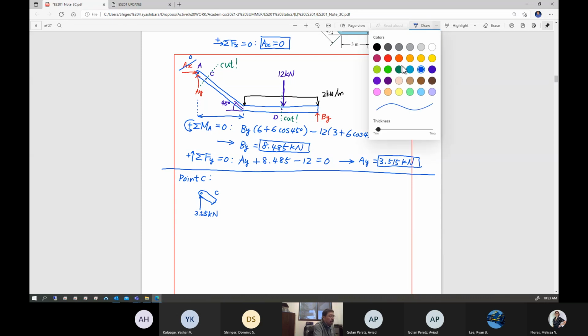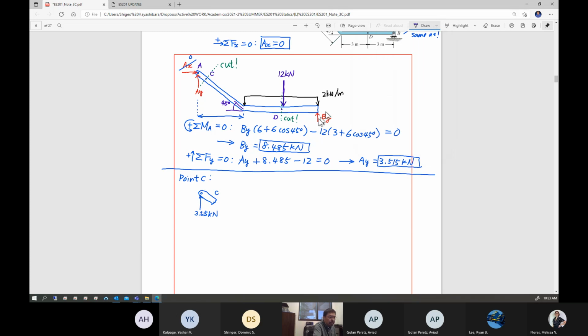Now, we add a little bit more geometry information, in which if you do this, this is 45 degrees.